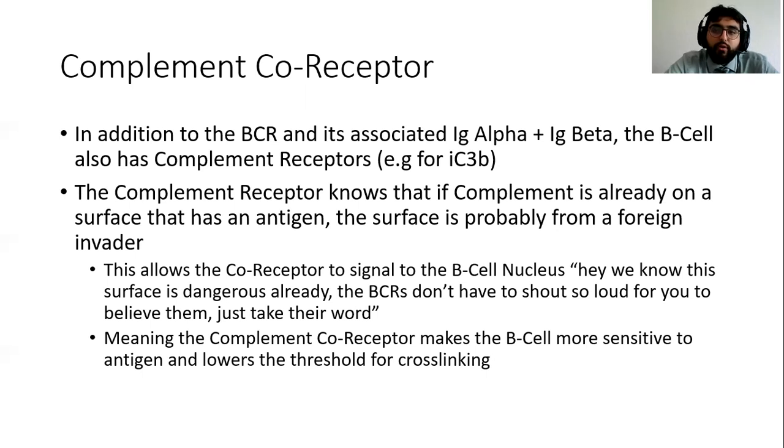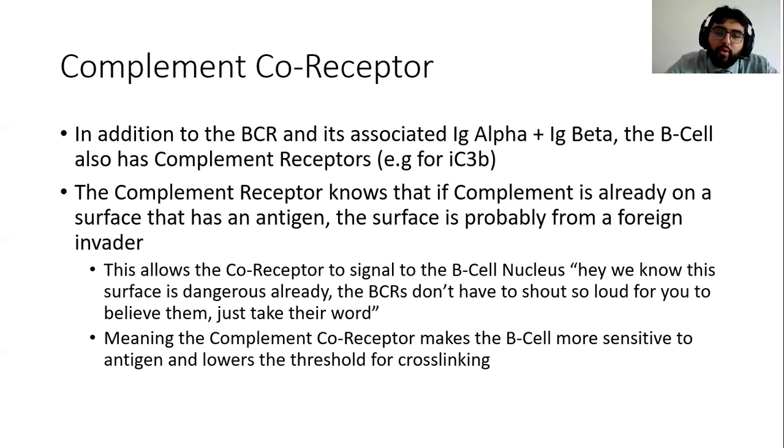Therefore, to trigger intracellular signaling and activation, the B-cell receptors don't have to have as high of a threshold for cross-linking in order to activate the B-cell, because the whole point of the cross-linking is more like an "are you sure" signal. But the fact that there's iC3b deposit on the pathogenic surface means that the innate immune system has already confirmed that there's something dangerous here. Therefore, there's no reason to ask "are you sure?" a third time. At that point, you're just gaslighting, right? That's one way to put it, right?